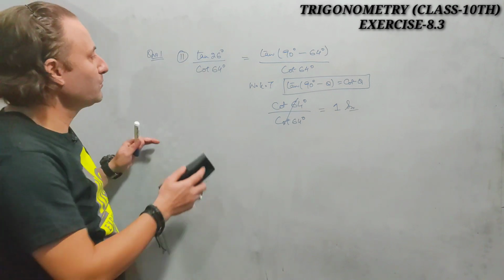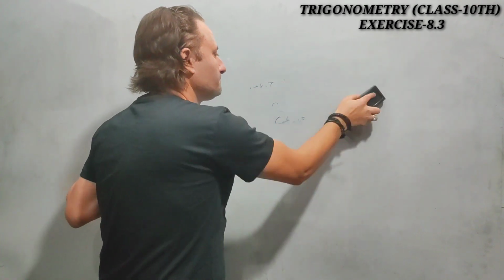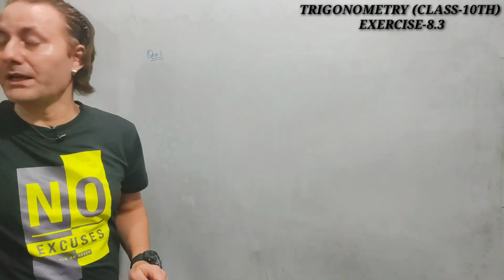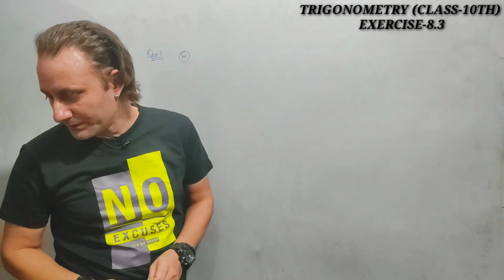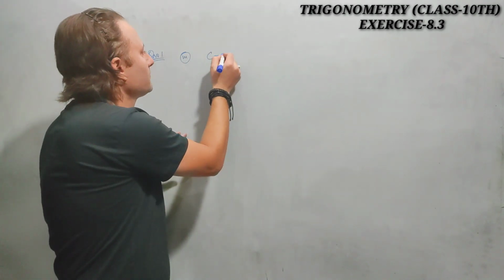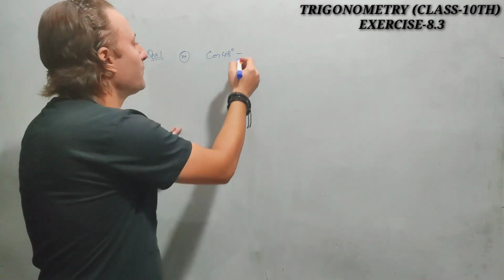We have 2 more parts here. Let's go ahead and finish those as well. If you remember the formulas, they are a cakewalk for you. So we have the third one here. It says cos 48 degrees minus sine 42 degree.